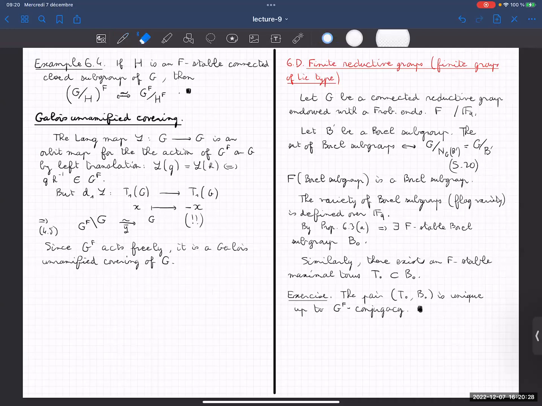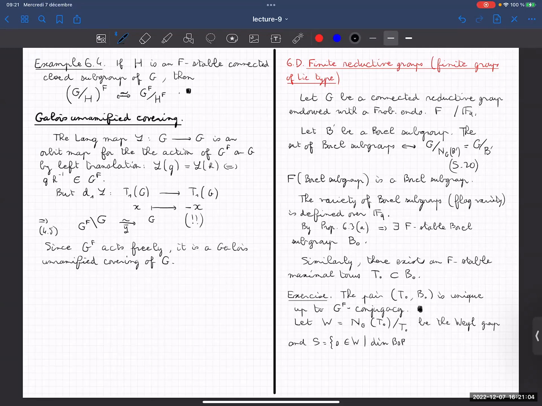Now I have my pair T, B, I can define the Weyl group. In GL_n, this is just the symmetric group S_n. And I can define the special set of generators S. This is a set of elements in W such that the dimension of BsB minus the dimension of B is equal to 1.